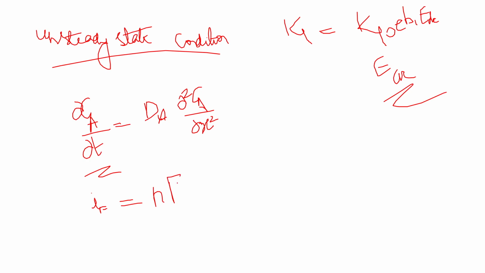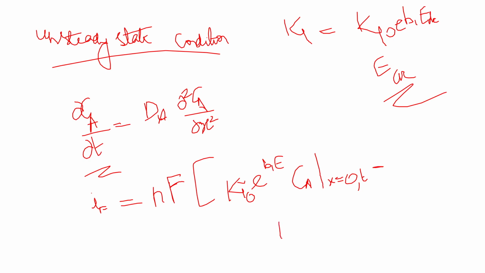IF equal to NF. K1 is nothing but K10 e to the power B1 E. E in the sense both EAC and EDC are accounted for, and concentration of A till now we wrote at x equal to 0. But now along with that, it varies with time.